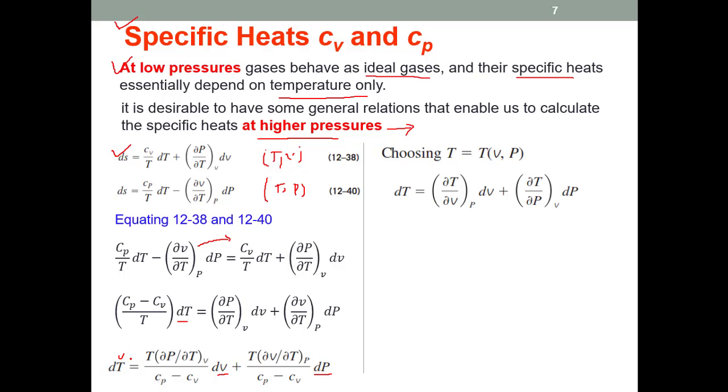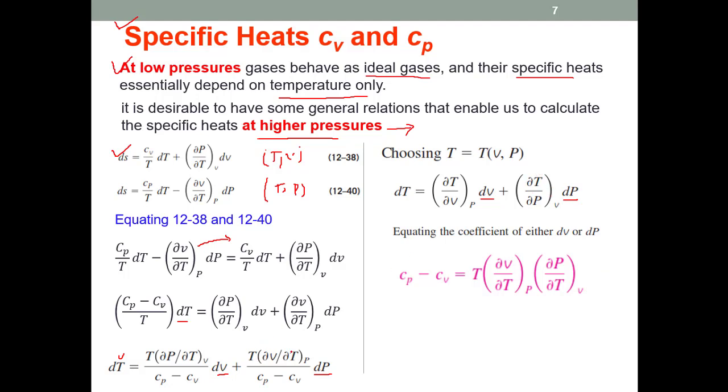So we can equate, because here dT is also in terms of dV and dP. We can equate either the first coefficient or the second coefficient. You will get the same answer. So equating the coefficient of either dV or dP with this equation, let's say we have equated the coefficient with the second one, the dP coefficient.